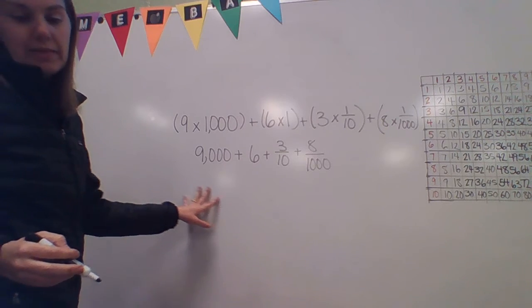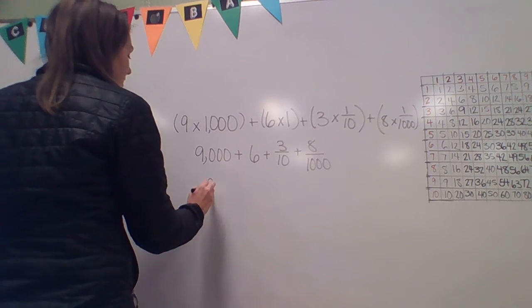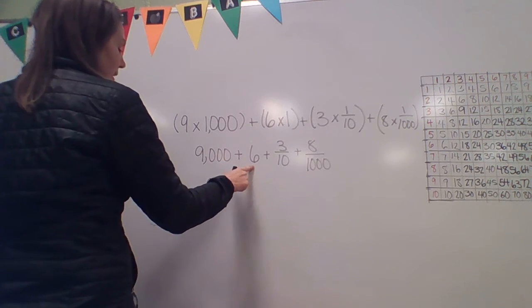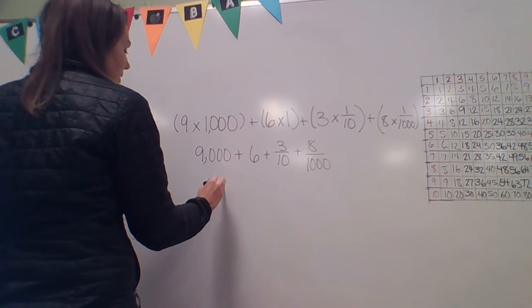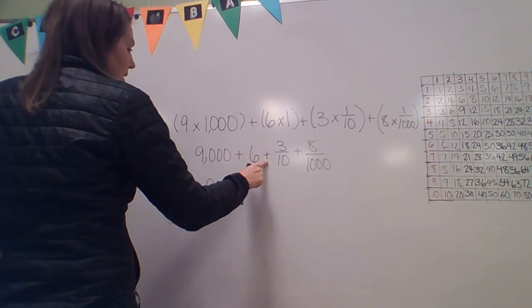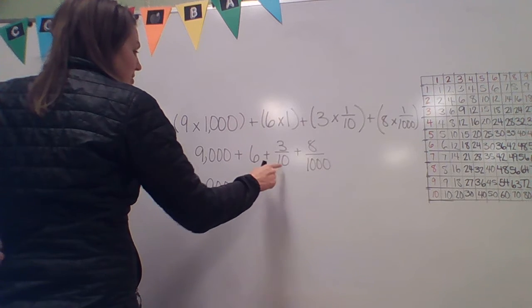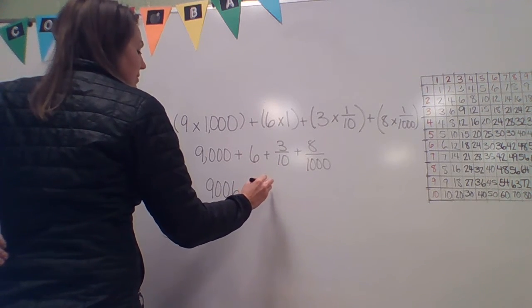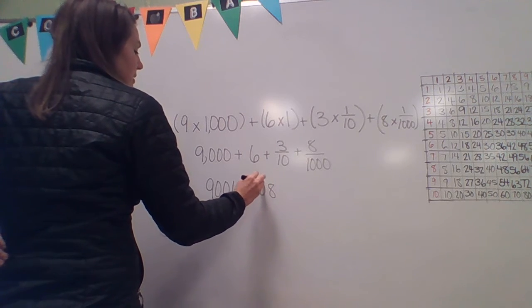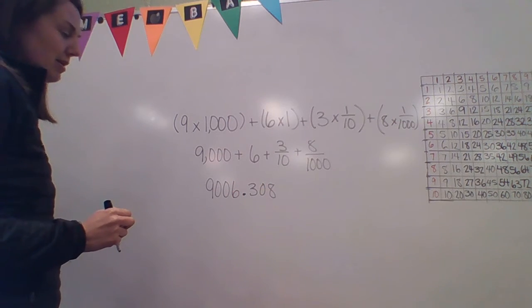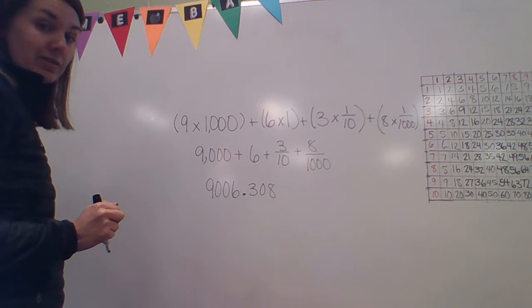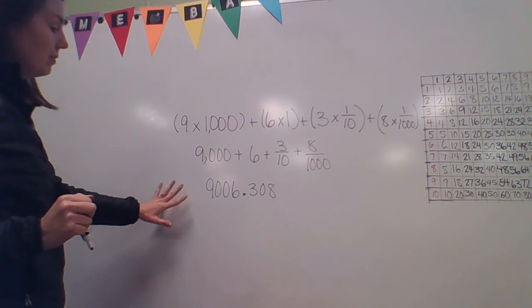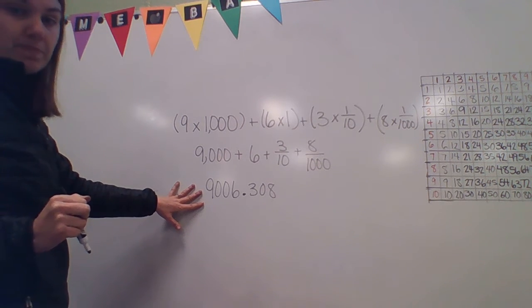So now if I'm going to add these up, I would have 9,006. We would write 9,006 like this. And now I'm getting into my fractions. 3 in the tenths place and 8 in the thousandths place, which means that I need a 0 in between in the hundredths place because I don't have any hundredths, right? So this is how we would write it out as a decimal.